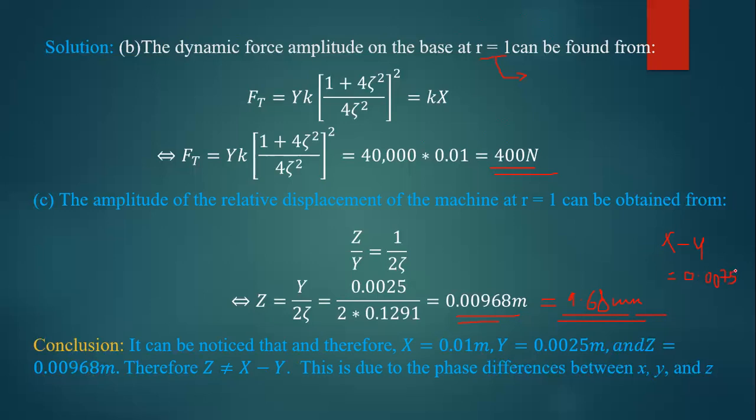But here the Z value is 0.00968, which is different from this value. That shows it is due to the phase difference between X, Y, and Z. This happened because of this.